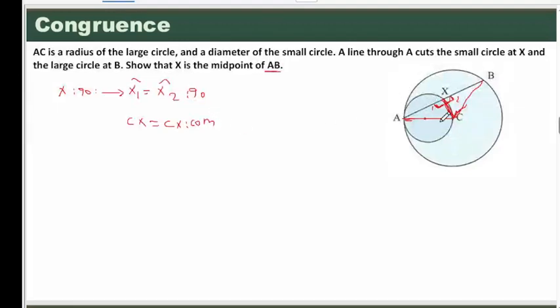And AC equals CB, the radius of the larger circle. So I could prove it with two corresponding sides.